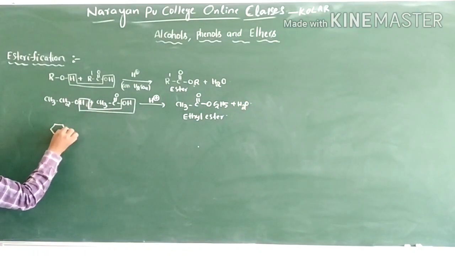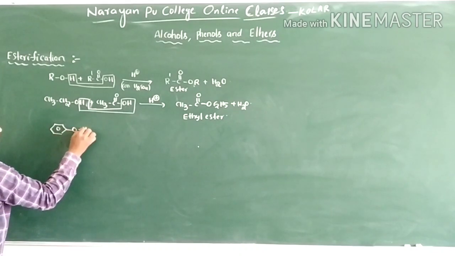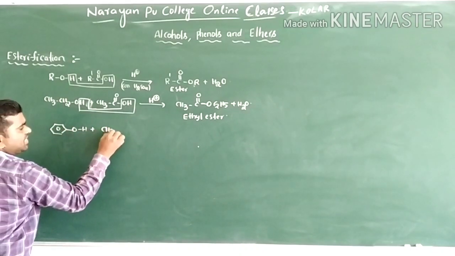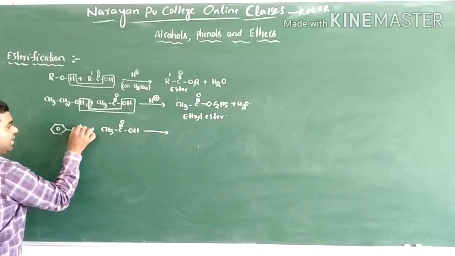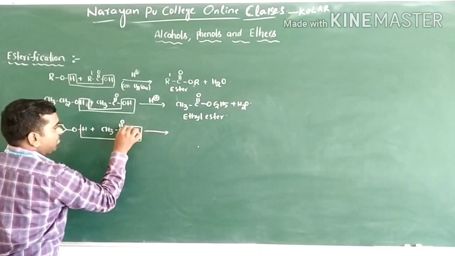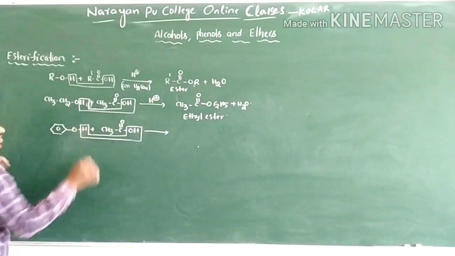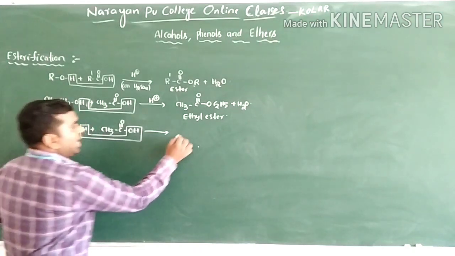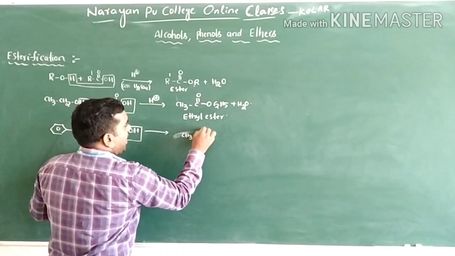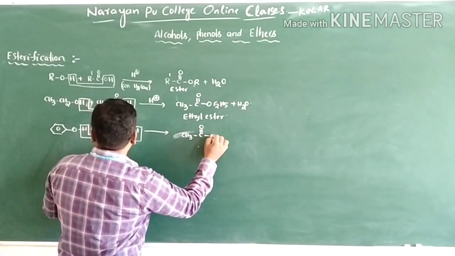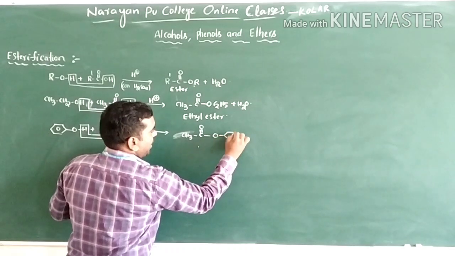In the same way, phenol also. If you take phenol with OH, plus acid CH3C double bond O and OH, remove the H from the phenol and OH from the acid. This is important, I will discuss it. And you will get the compound CH3, C double bond O, and O phenyl.